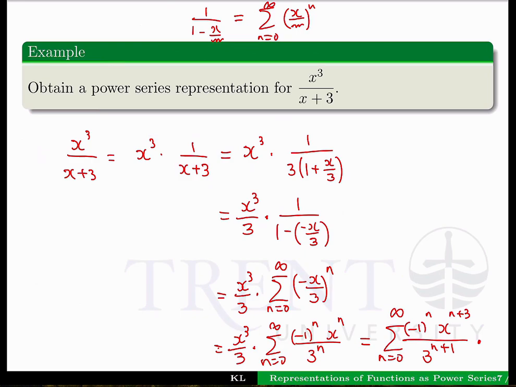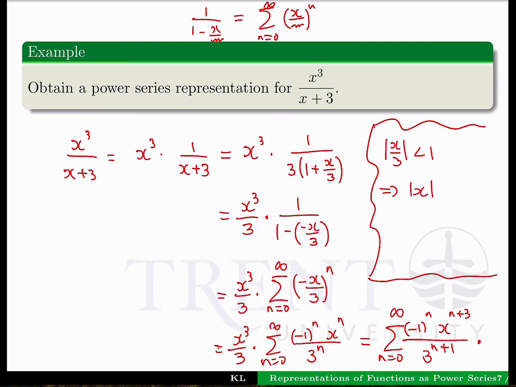But now we need the interval of convergence. Well, we just have the absolute value of negative x over 3 to be less than 1, which means the absolute value of x must be less than 3. Right?